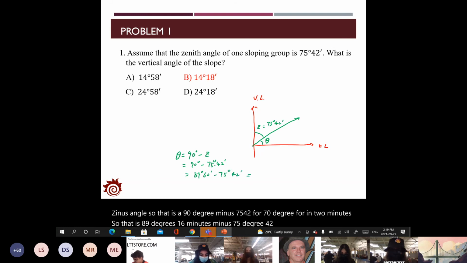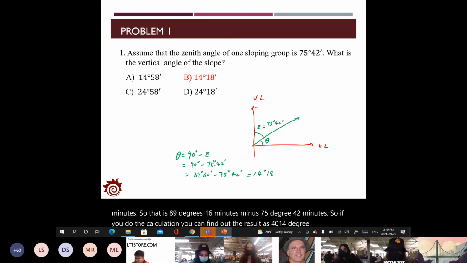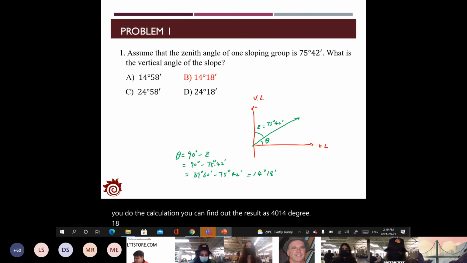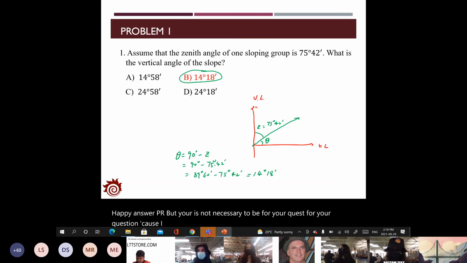If you do the calculation, you can find the result as 14 degree 18 minutes, which would be the answer B. But it's not necessarily B for your question, because I randomized the choices. The right answer is 14 degree 18 minutes.